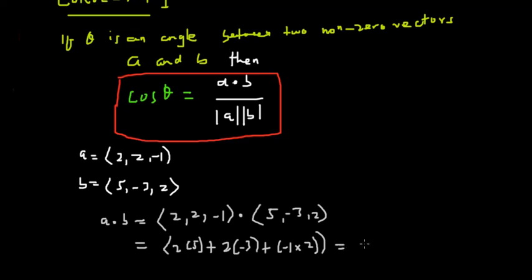When you do the calculation and sum all of this up, you end up with the answer 2. That's the dot product.